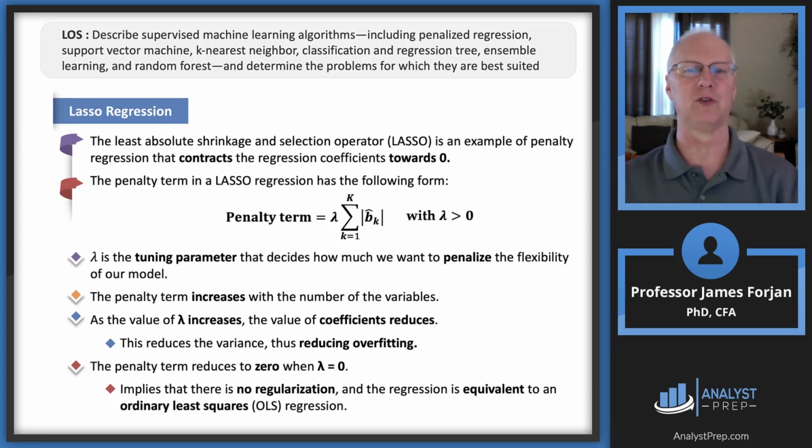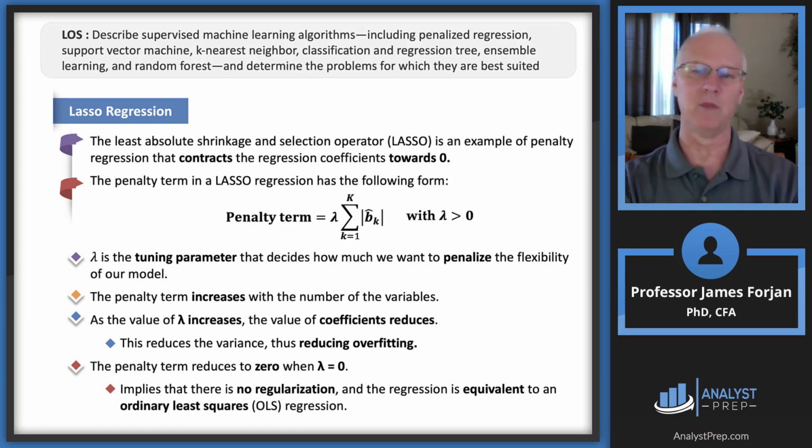The least absolute shrinkage and selection operator is an example of a penalty regression. So I explained to you about the penalty. Now we're going to use a hyperparameter called lambda. You remember lambda begins with an L and lasso regression begins with an L. If we reduce this lambda all the way to 0, it's exactly like doing the ordinary least squares that we've done before.